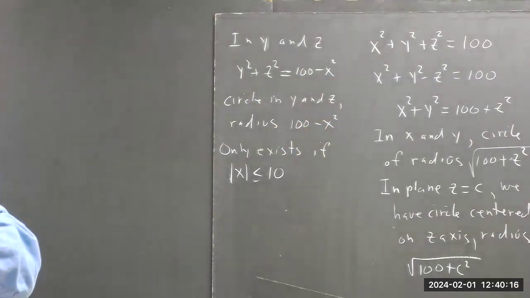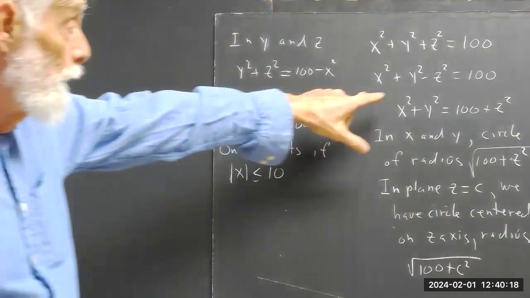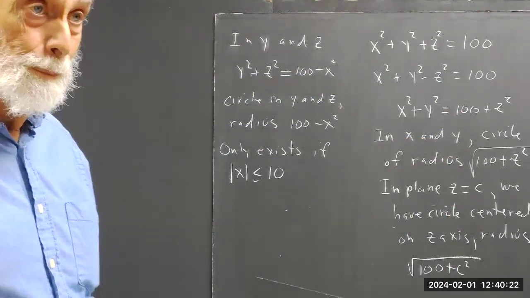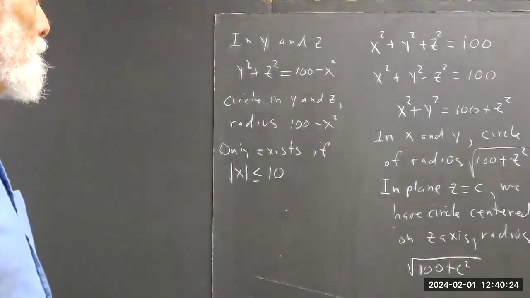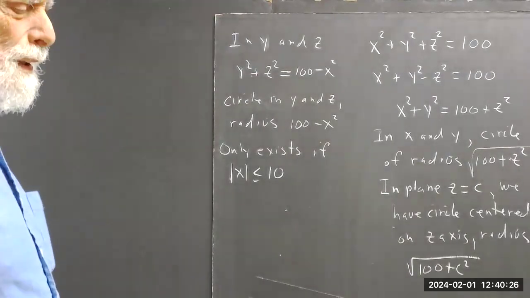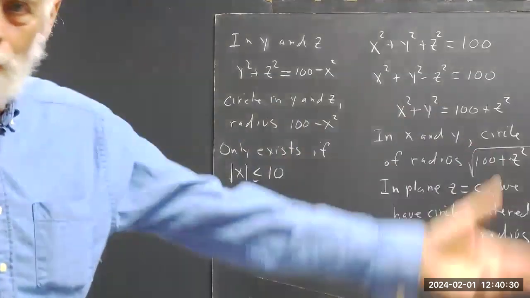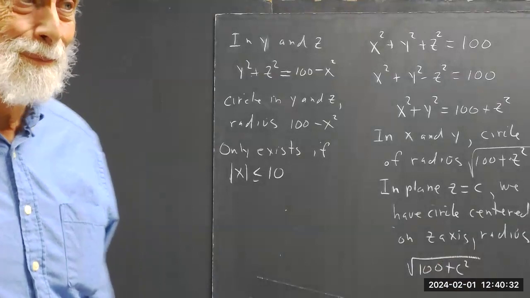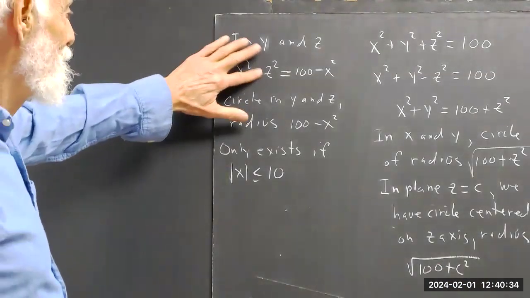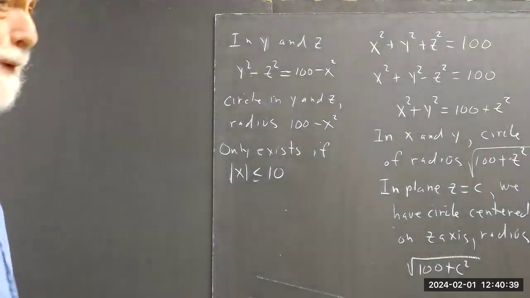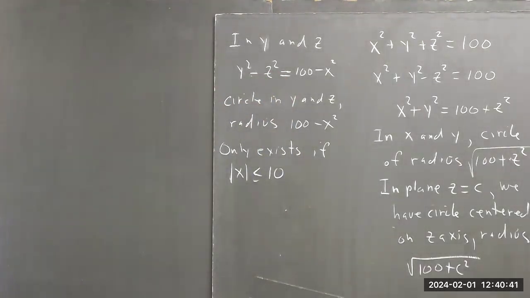Now you can kind of put that together into a picture of this surface. There's more you can do though. Okay. Oh, wait a minute. Yeah, that's completely wrong. It's y squared minus c squared, isn't it?